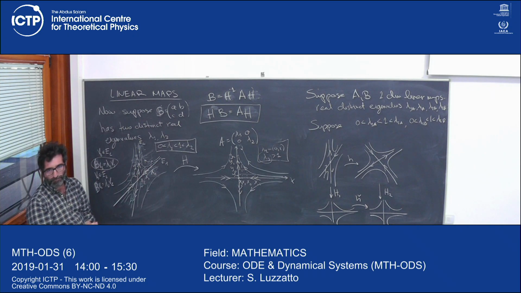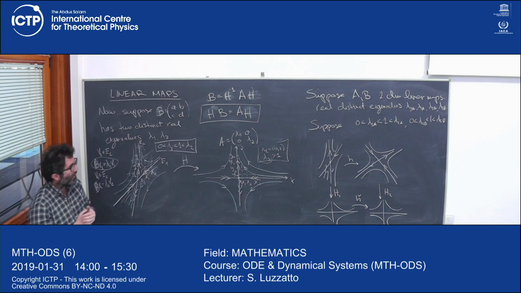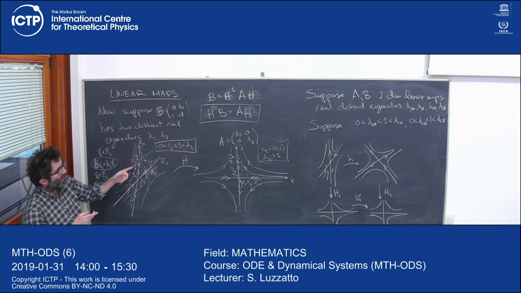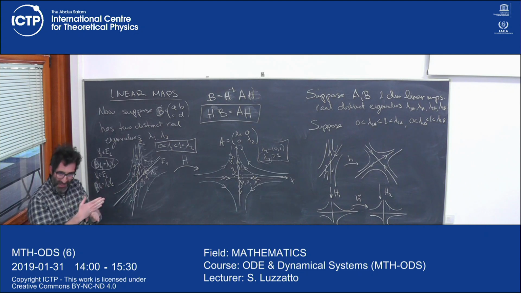But what if we have the case when the eigenvalues coincide? Yes, that means it's not clear that you can diagonalize in the same way. In general, if the two eigenvalues coincide, you are not sure if you have one eigenspace or two eigenspaces. Sometimes the eigenspaces might be distinct.